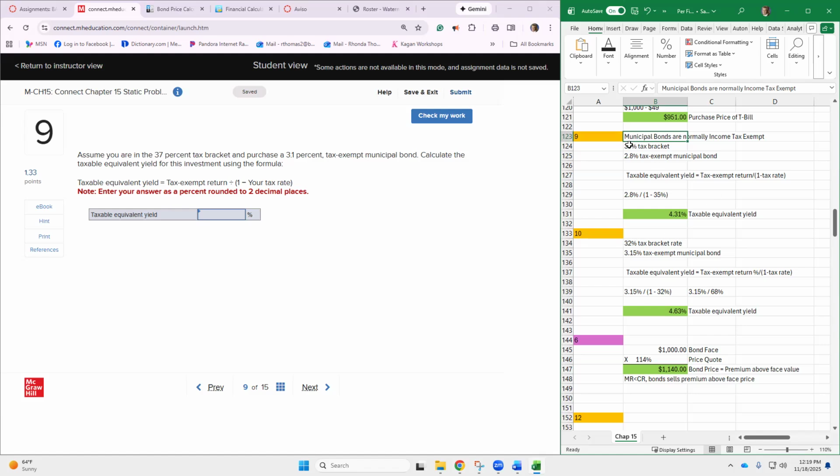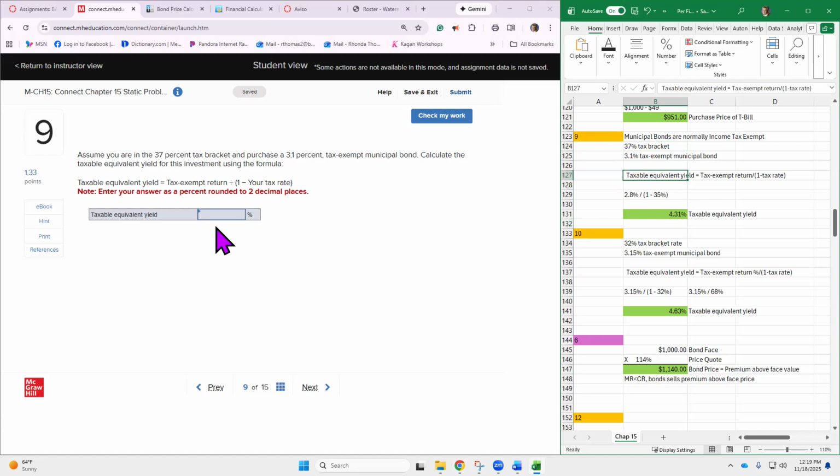All right, so let's see, 37% tax bracket. The bond is paying 3.1%. Okay, so taxable equivalent yield.